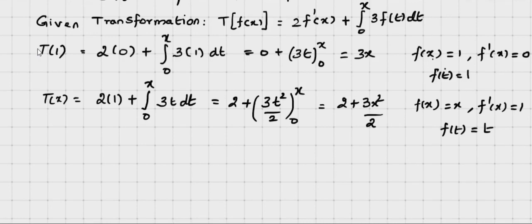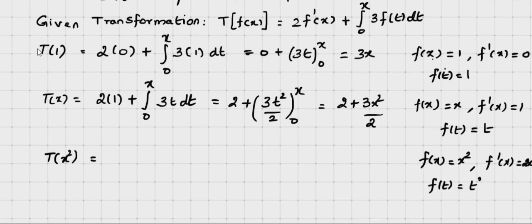Again I am going to find out T of x square. So here what is f of x? It is x square. So f dash of x is 2x and f of t will be t square. Now I am just substituting there: 2 into f dash of x is 2x, plus the integral from 0 to x of 3t square dt.